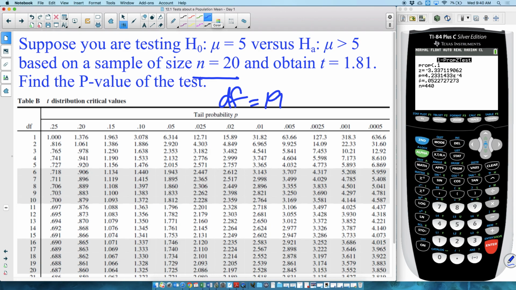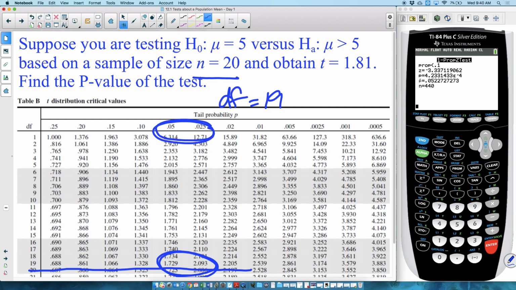So for our 19 degrees of freedom, which is way down here, I trace that across, and I'm looking for our T of 1.81. Now that's not going to be exactly on the chart, but I do see it's between these two, meaning my probability is between these.